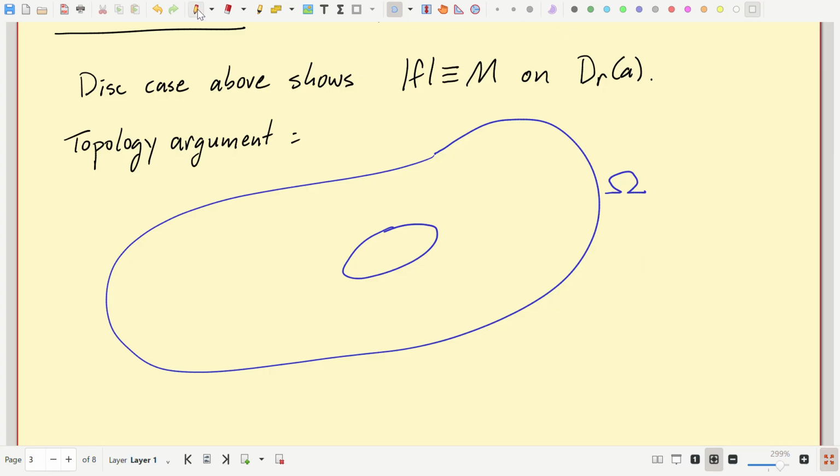Here's my z naught. Here's my disk of radius r. And let's pick any old other point around here. How about a z over here?